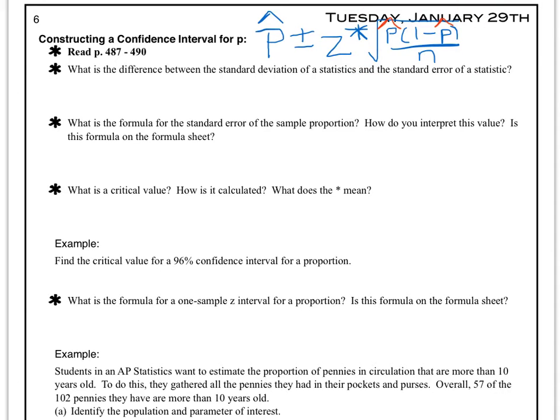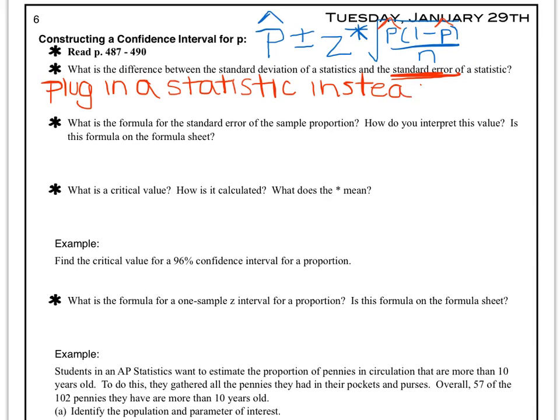What it is actually called is standard error. So standard error is when you plug in a statistic, which is from sample data, instead of a parameter to find standard deviation.